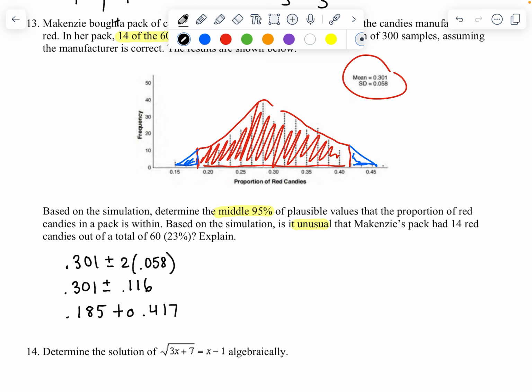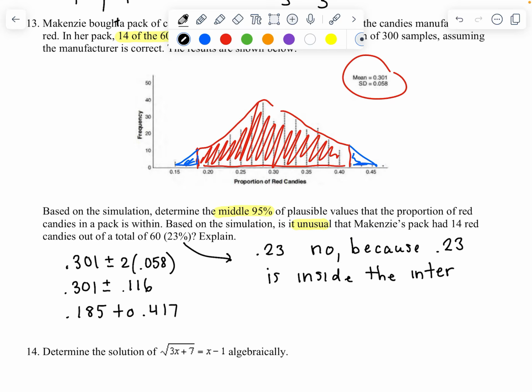So Mackenzie is at 0.23. So 0.23 is considered inside. So therefore, do we think it's unusual? No. Because 0.23 is inside the interval. Okay?